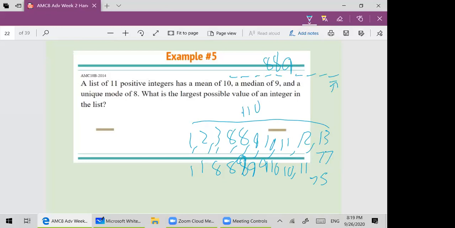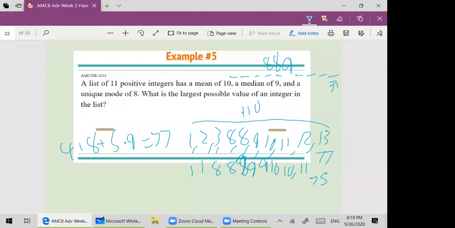Now, if 8 appears at least 4 times, then the sum of the first 10 numbers will be at least 4 times 8 plus 5 times 9 equals 77, because the 6th through the 10th terms are at least 9 each, and there will be 4 eights here.